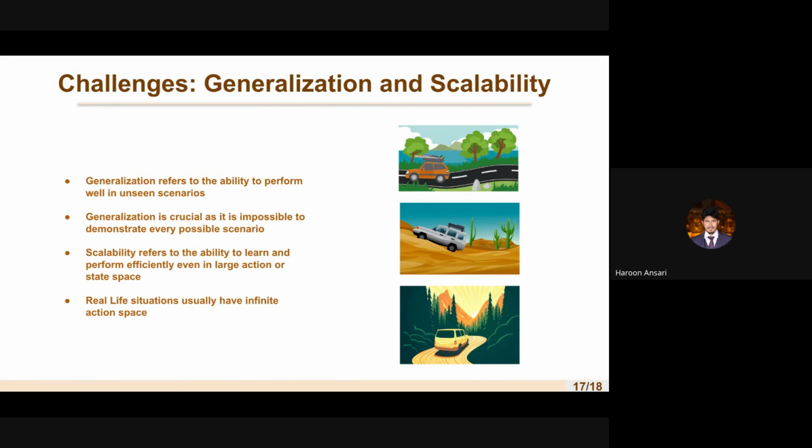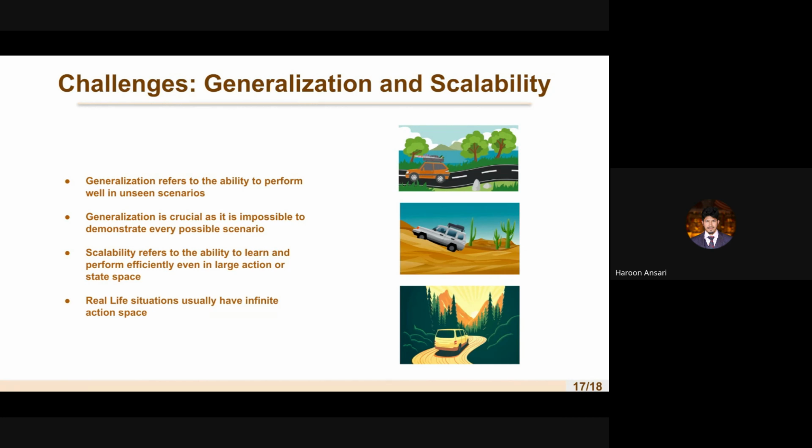But there are infinite possibilities. It might face a road where there are only stones, where there is a lot of water on the road, where the road is slippery, or tilted. We cannot cover all the scenarios.